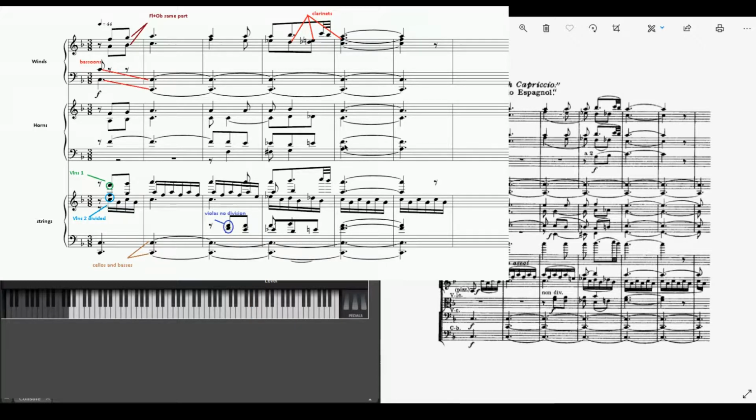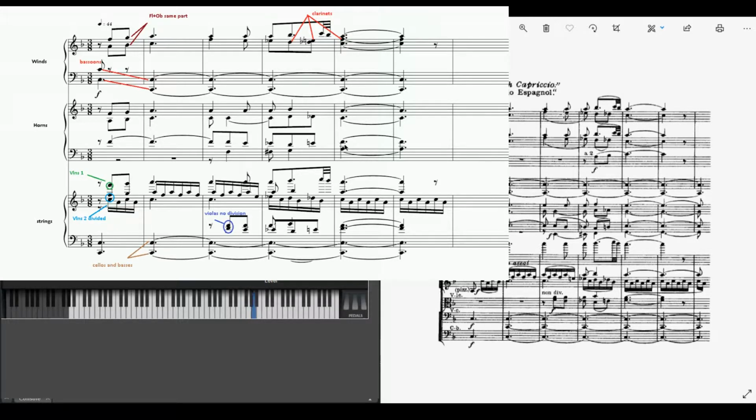And now let's play the second violins by themselves. It's real slow. So there's motion to it. So that's again why I chose this.